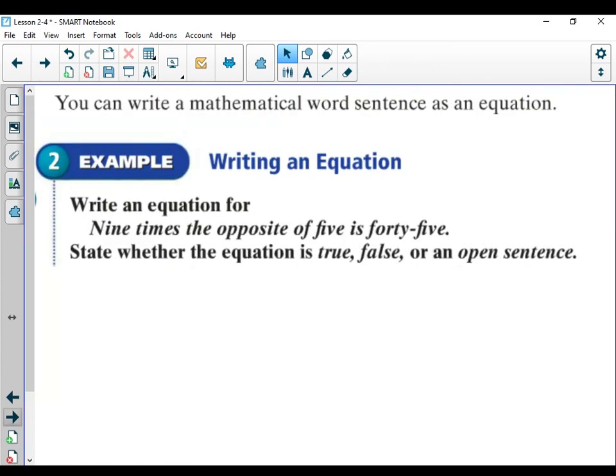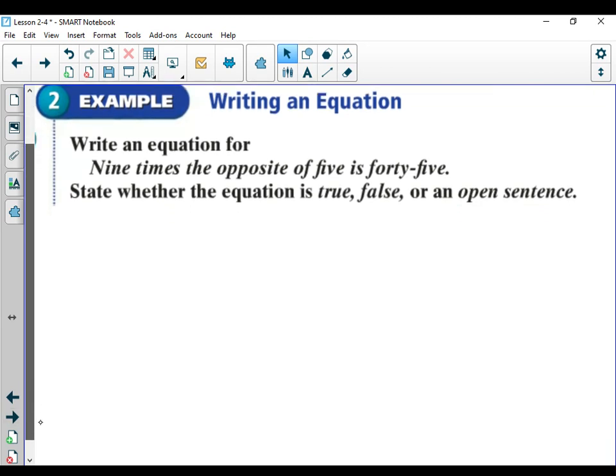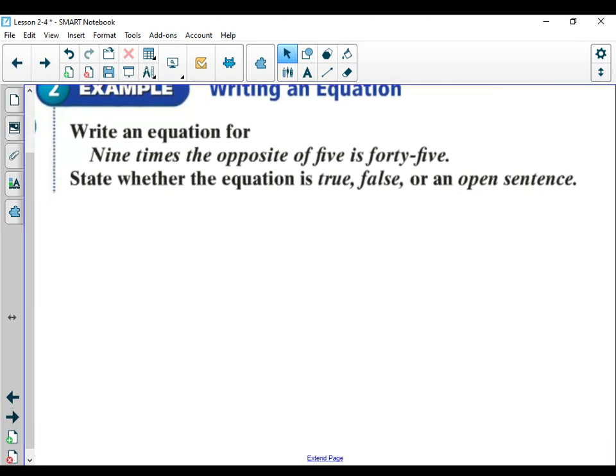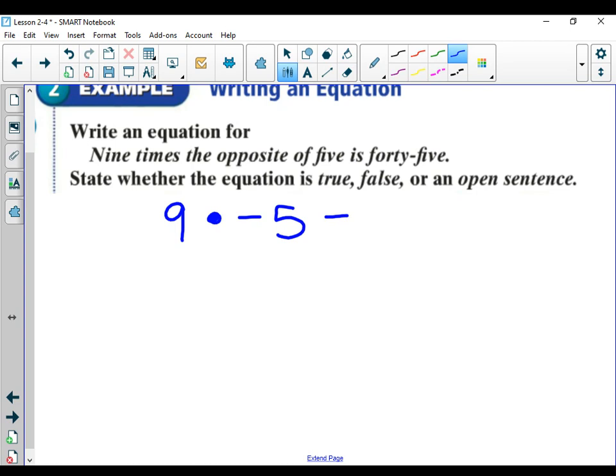Moving on down, there's a couple tricks they're trying to play on us here. I'm not going to give them the numbers. I'm going to put it down there in English and see if I can trick them. So, I'm going to first change it to a mathematical sentence, not an English sentence. 9 times the opposite of -5 is 45.